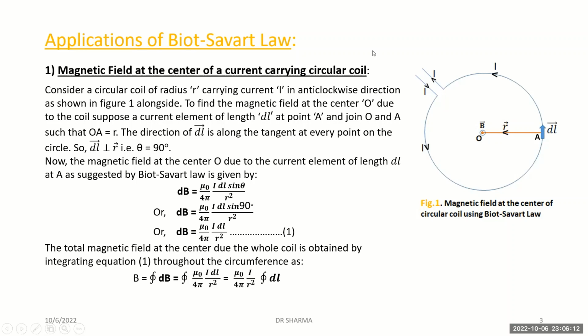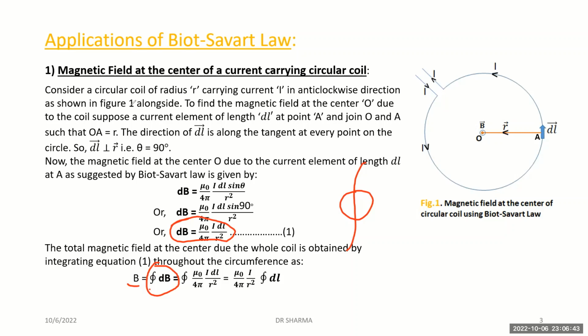So let us see. B, the total magnetic field, is obtained by integrating that elemental flux density throughout the circumference of the circle. This is integration throughout the closed loop. Here the closed loop is the closed circle.